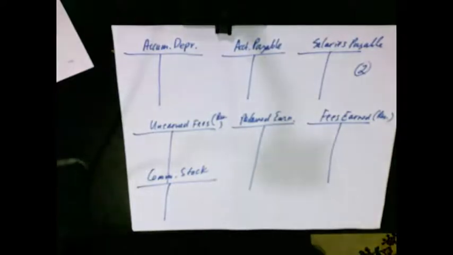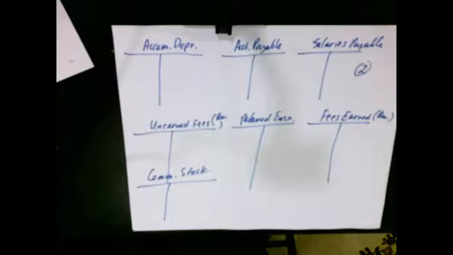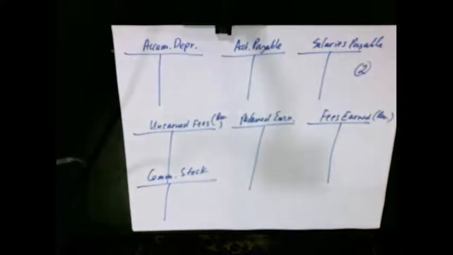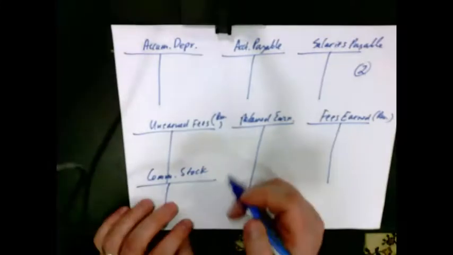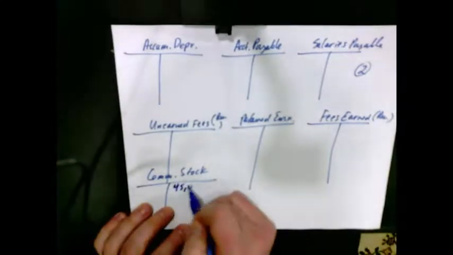So let's quickly calculate what it is. It's $45,000. So the corresponding credit goes to equity for the sum of this amount.